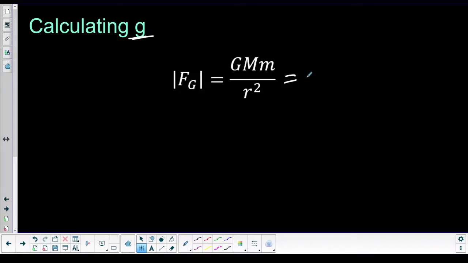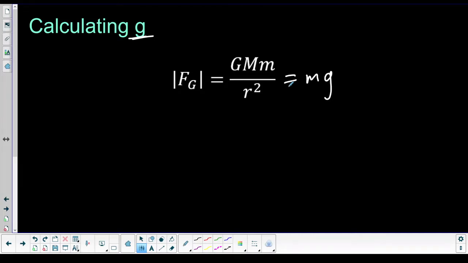So let's set it equal to weight, mg. Okay, cool. So at the end of the day, these are equal to each other. These are the same thing, right? These are how hard gravity is pulling on me, and that's what we've colloquialized as weight. And then this is how hard gravity is pulling on me, but usually it applies to things out in space, so we don't think of it as weight, but it's weight.